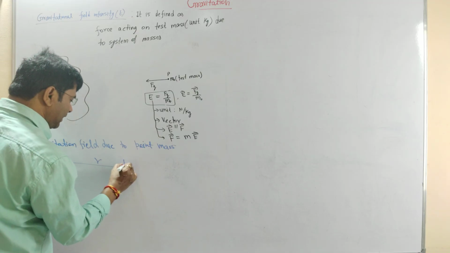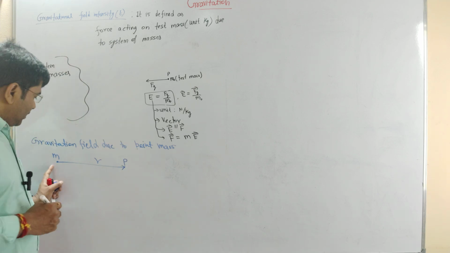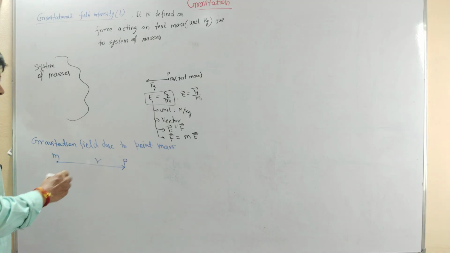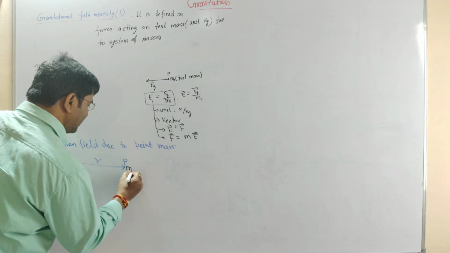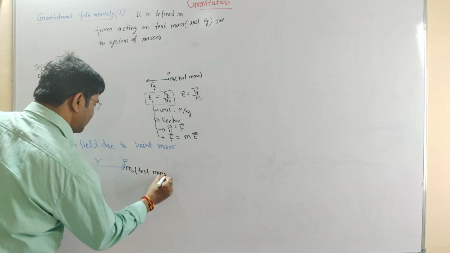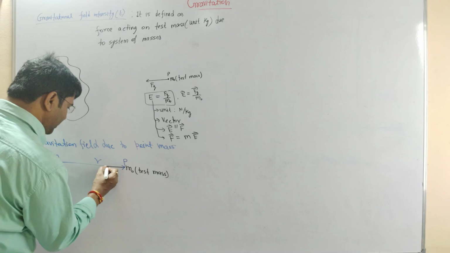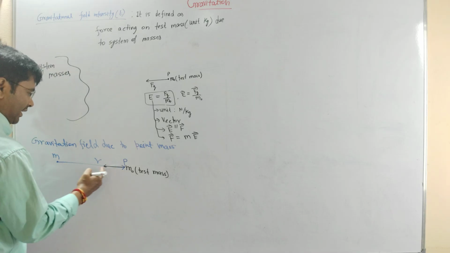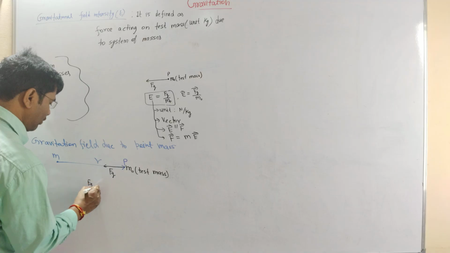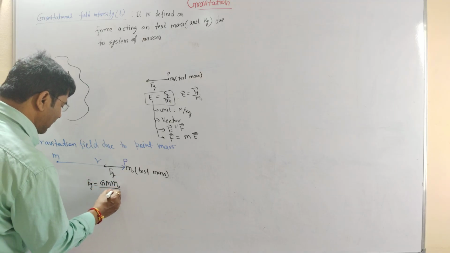Let's take point P. We have to find the gravitational field at point P due to this mass M. Okay. So how will I find it? I will put a test mass here, and calculate the force on this test mass. That force will of course be attractive in nature. So M will attract M naught. This is the gravitational force. So this force value will be G M M naught upon R square.